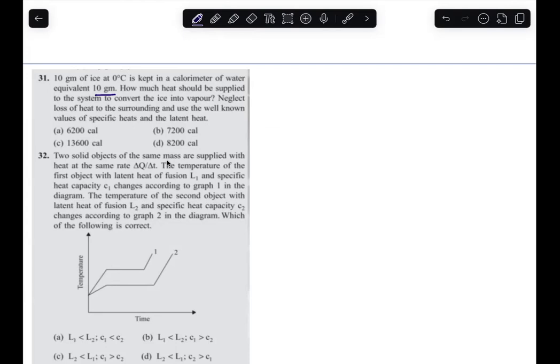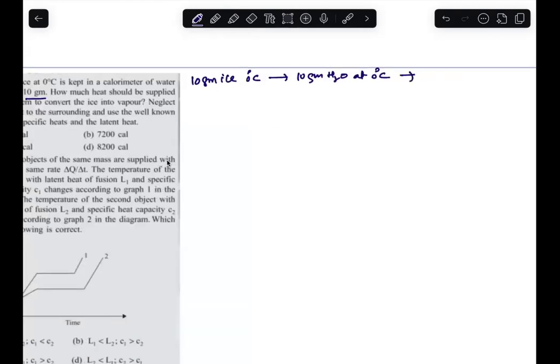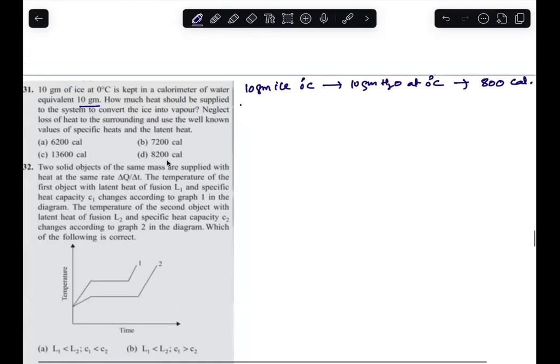First of all, 10 gram ice at 0 degree centigrade to 10 gram water at 0 degrees centigrade. So this requires 800 calorie.